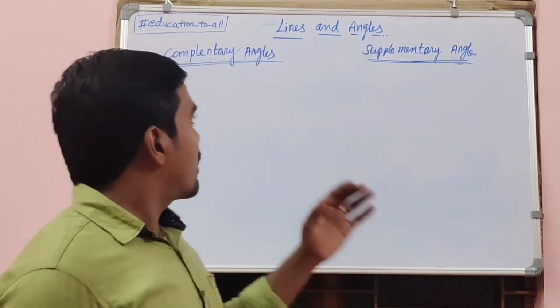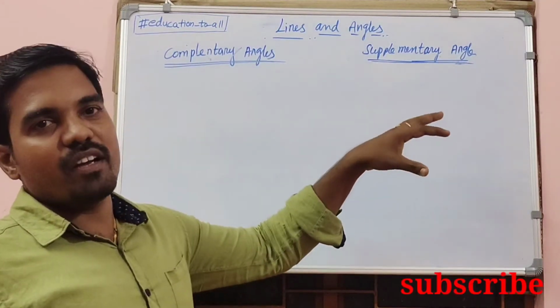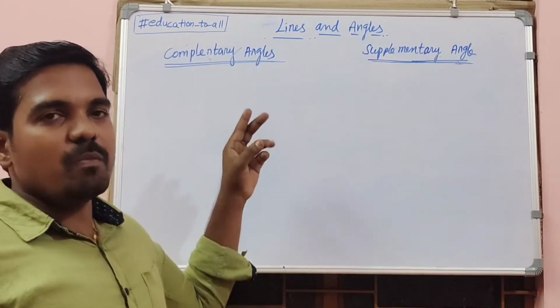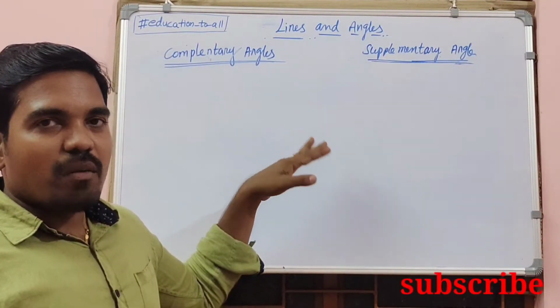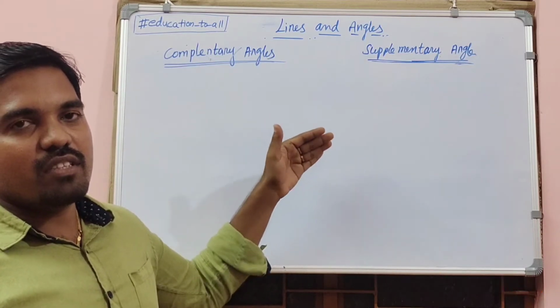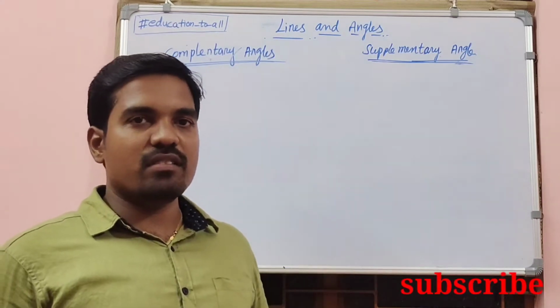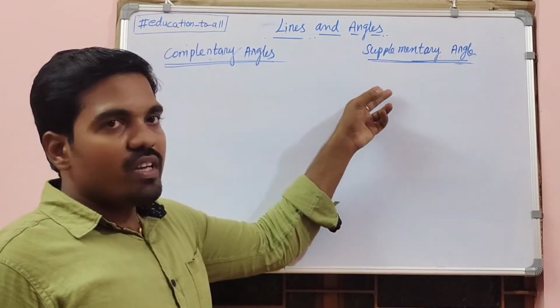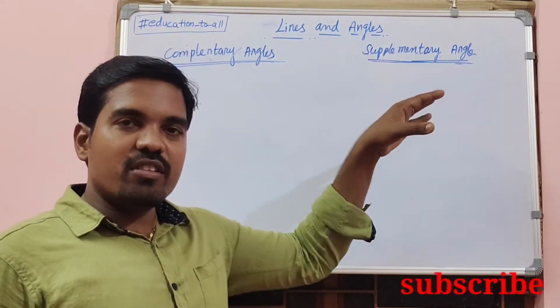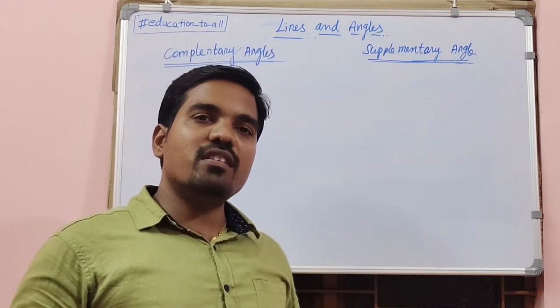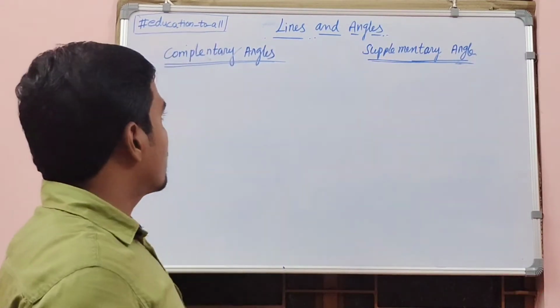Next, complementary angles and supplementary angles. What is meant by complementary angles? If the sum of any two angles is 90 degrees, then the angles are called complementary angles. In the same way, if the sum of any two angles is 180 degrees, then they are called supplementary angles.